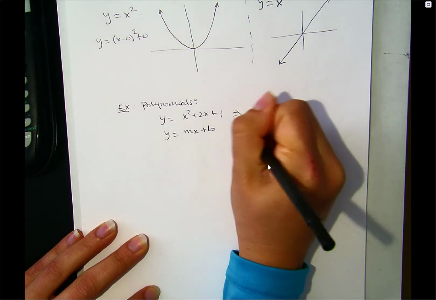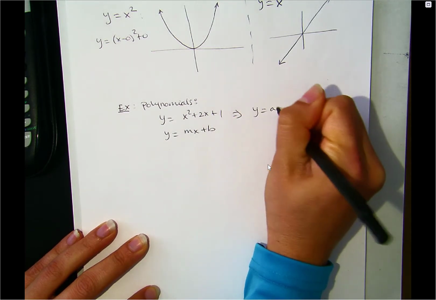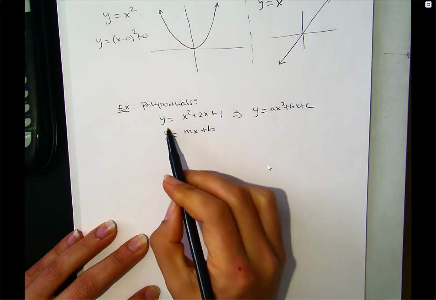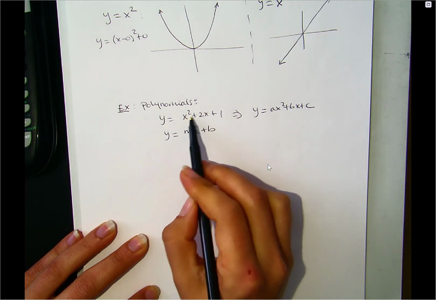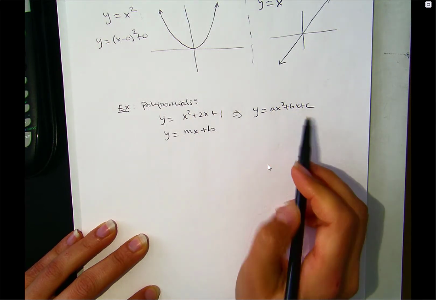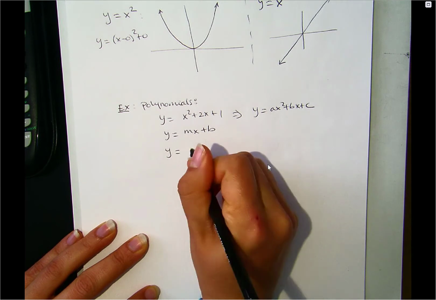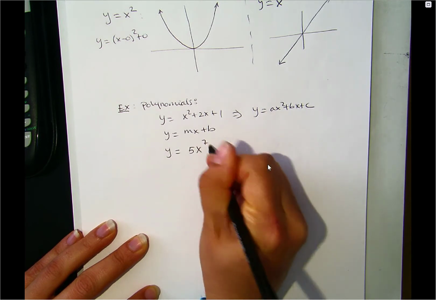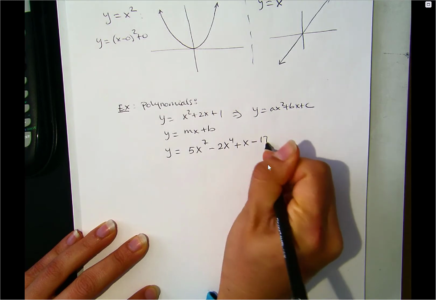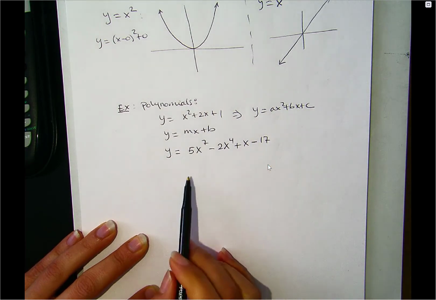By that token, any quadratic, y equals ax squared plus bx plus c. A polynomial is the sum or difference of terms. So you could have something like 5x to the 7th minus 2x to the 4th plus x minus 17. So these are just examples of polynomials.